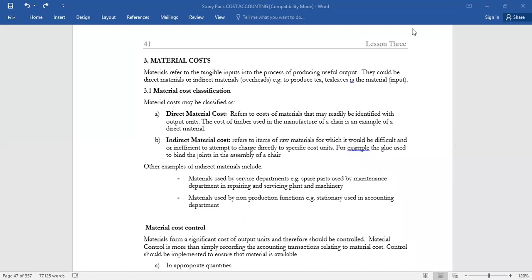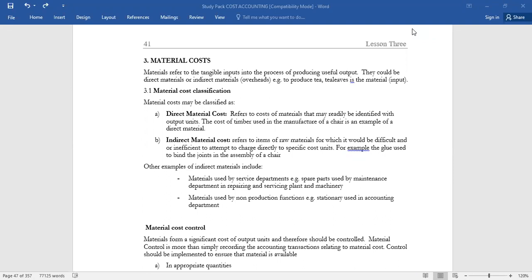So when you are talking of the material cost classification, we can either classify it as direct or indirect. And when we talk of the direct, this refers to the materials that we can readily identify or that are directly traceable. Remember giving an example of the timber in the manufacturing of furniture.